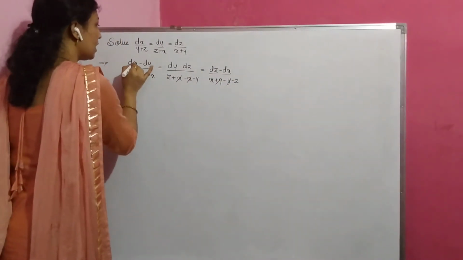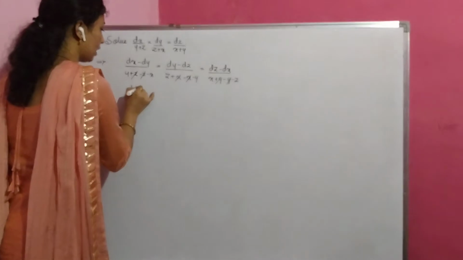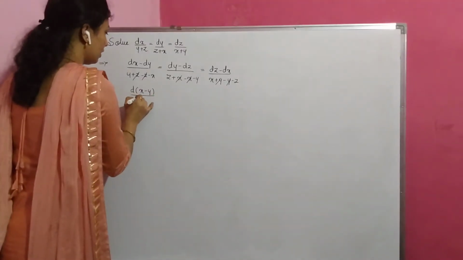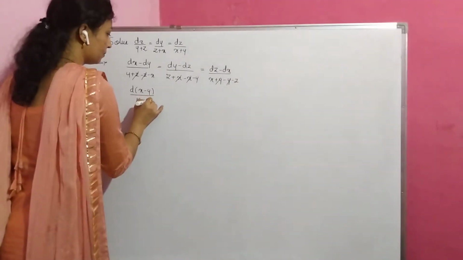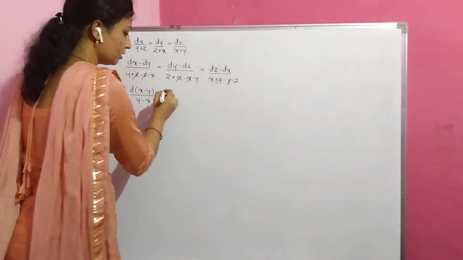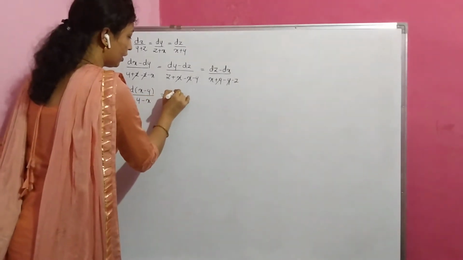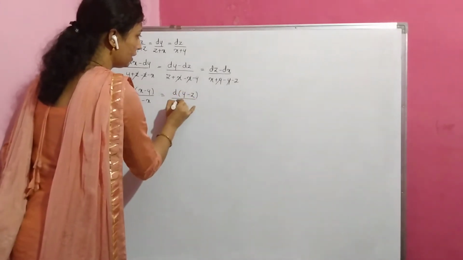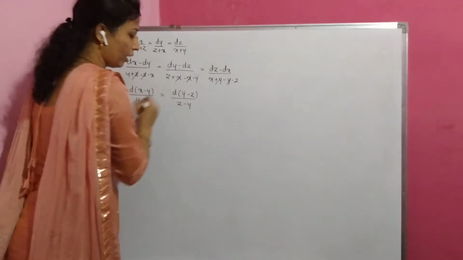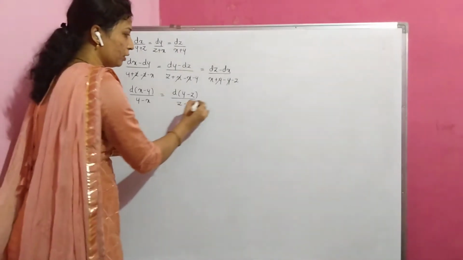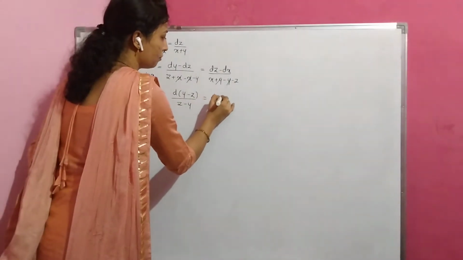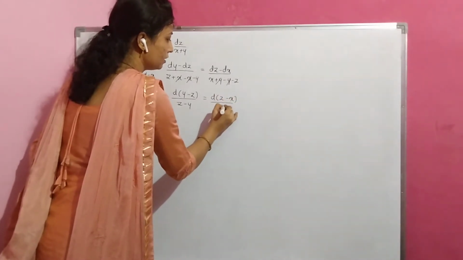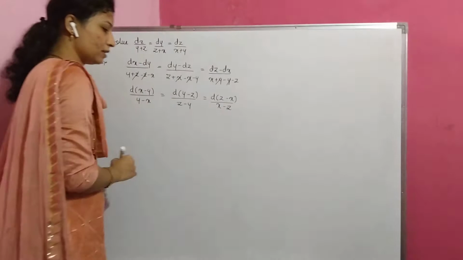So this dx minus dy term can be written as d of x minus y divided by y minus x, and this is equal to d of y minus z divided by z minus y, and this is equal to d of z minus x divided by x minus z.